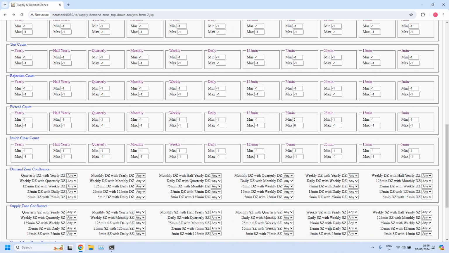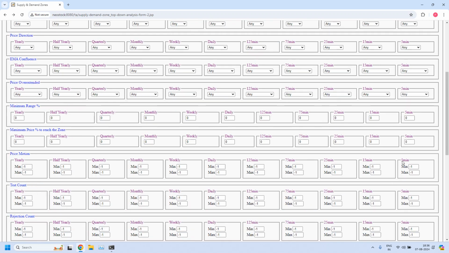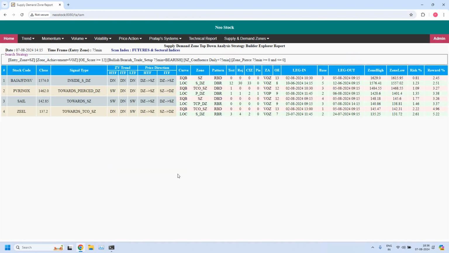So we enabled the 75 minutes supply zone with the daily supply zone confluence. Let us check. So all 4 stocks are supporting confluence with the daily supply zones.